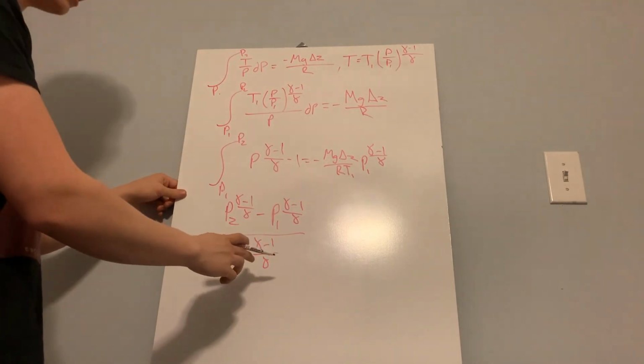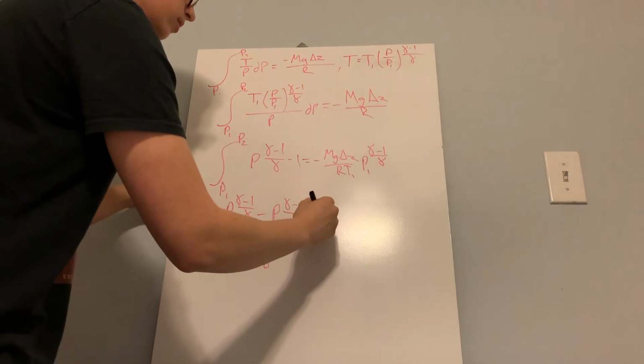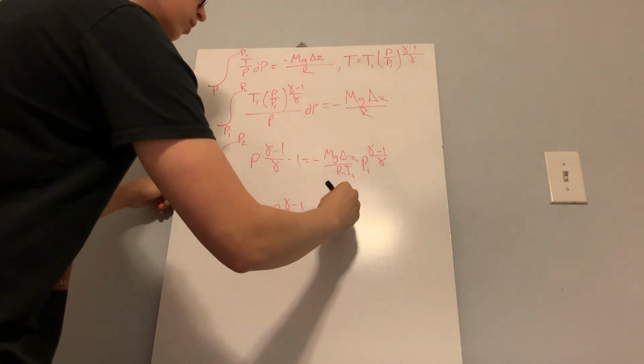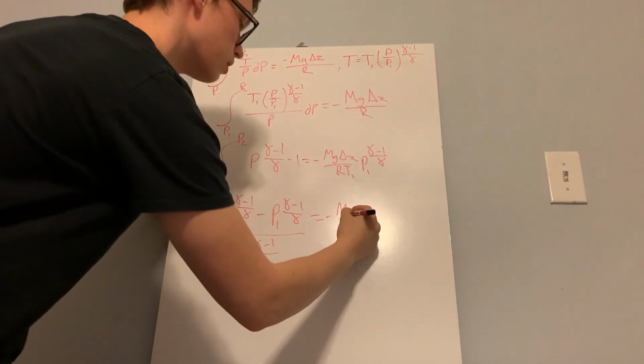However, this denominator is also a constant, so we can actually go and put it on the right side of our equation.